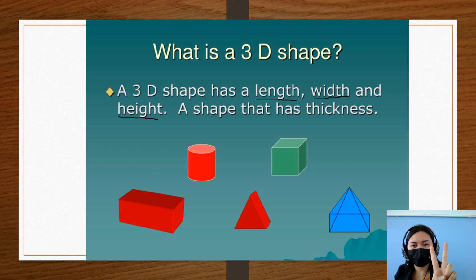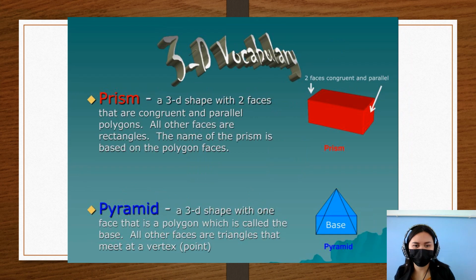But in 3D, we need to remember three words: length, width, and height. And it is a shape that has thickness. Like for example, on the picture, a cuboid, a cylinder, and what do we call this one? Cube. Okay, let's find out.